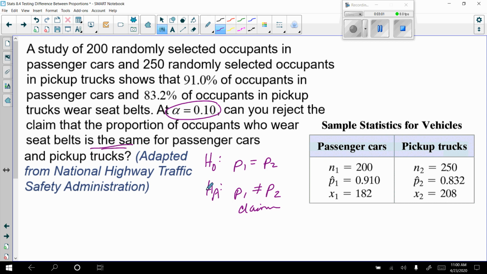Actually, I think I had the claim mixed up. The claim needs to be in the top one, because they're asking us if that's the claim, so the claim is that they're the same.